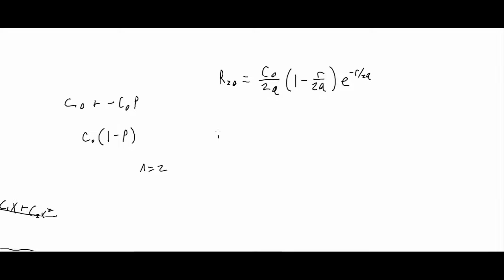And if we then do this for the r with n equals 2 and L equals 1, what you'll find is that we end up with C naught over 4a squared r times e to the minus r over 2a.